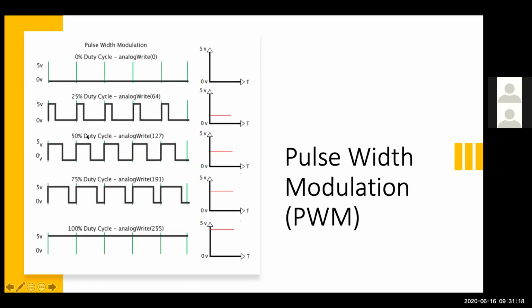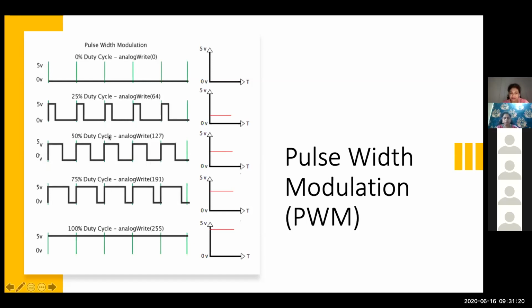Now, duty cycle is nothing but the ratio of the time period for which it is high compared to the total time period of this waveform. I repeat, duty cycle equals the time for which the wave is high compared to the total time period of the waveform. Now, all of us know what is time period of any wave. Time period is the time after which it repeats itself, correct?